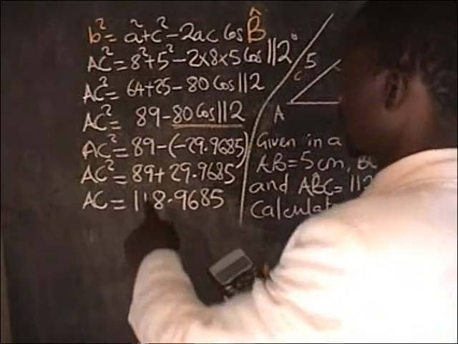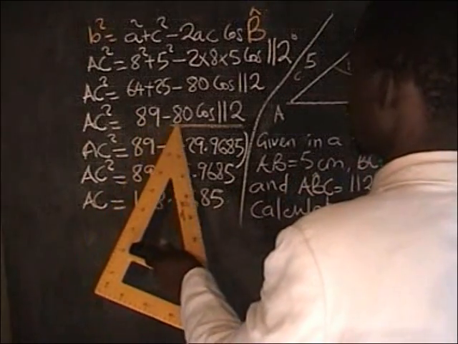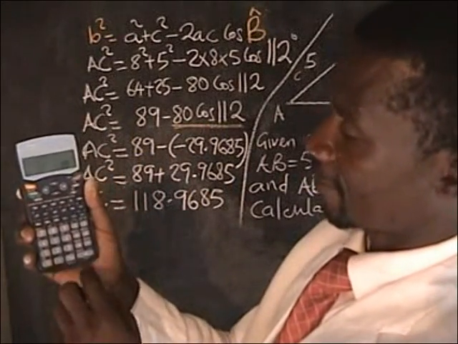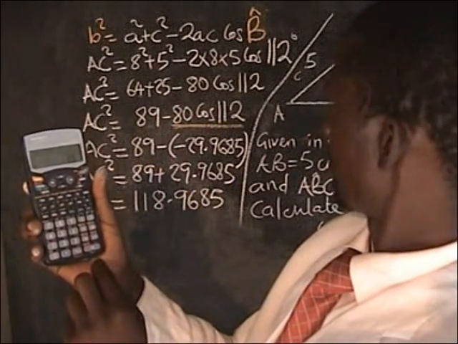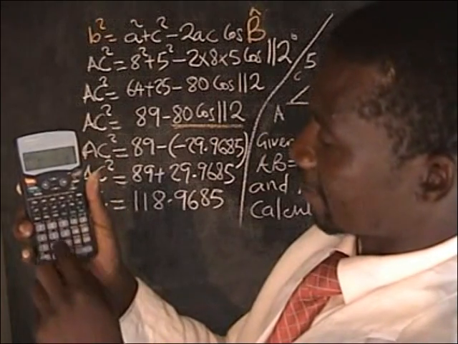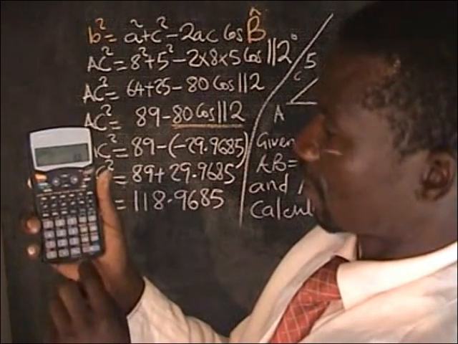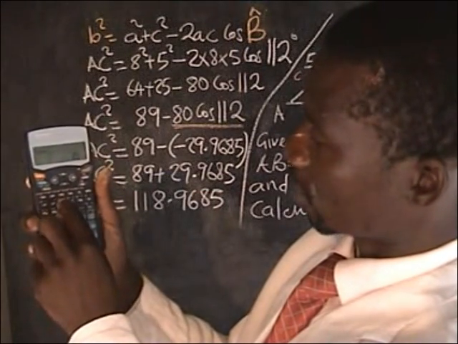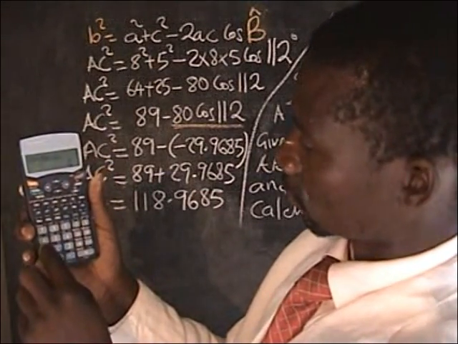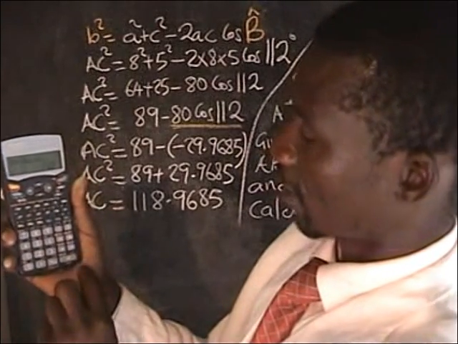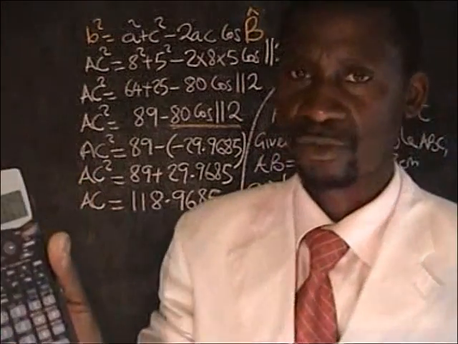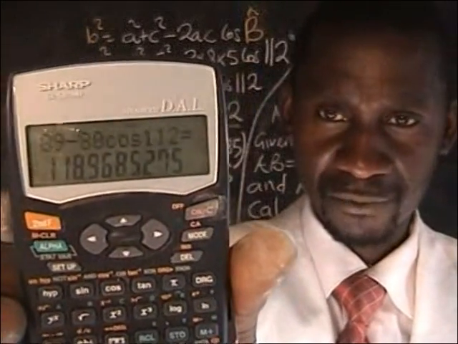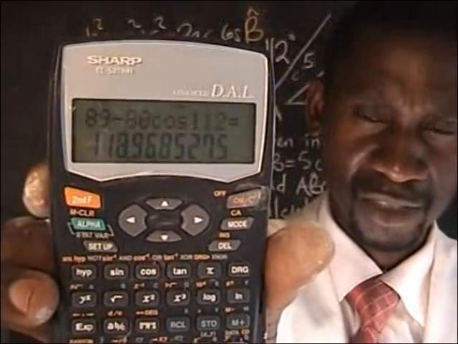It can be done as follows: 89 minus 8, then without pressing an equal sign, you go ahead and press cos 112, then press an equal sign. As you can see, feeding everything all together, this is what can be obtained from the scientific calculator. I'm sure you are able to see that.